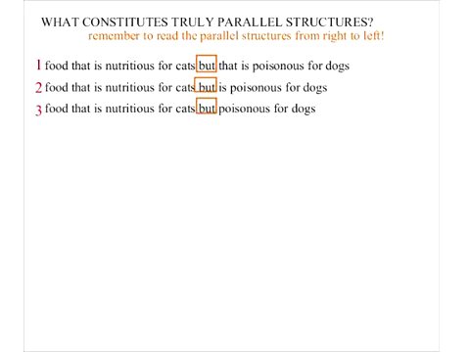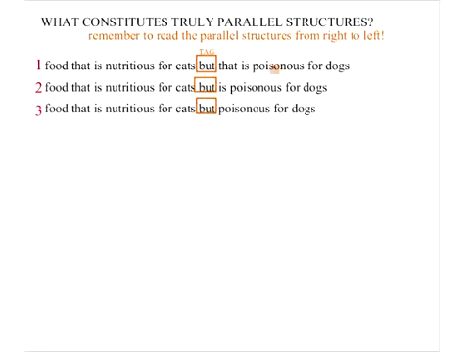If you have x but y, then the 2 things on either side of but, the x and the y, have to be parallel. So this is your tag. That right there is your tag. Now again, right to left, the part on the right is automatically part of the structure.